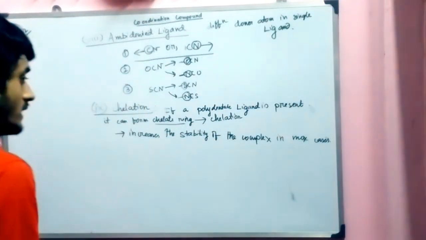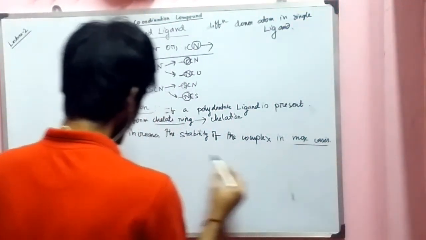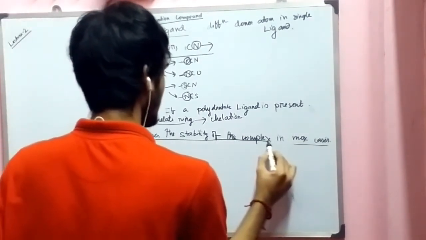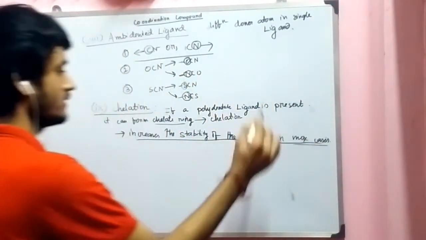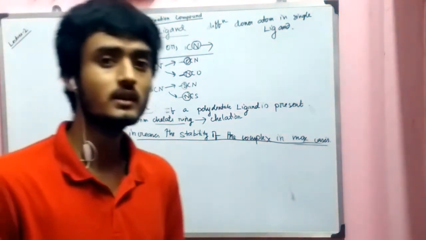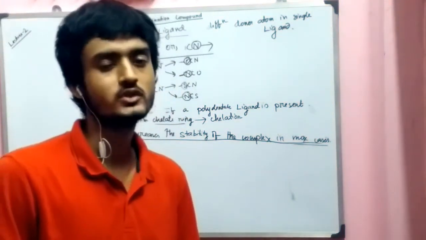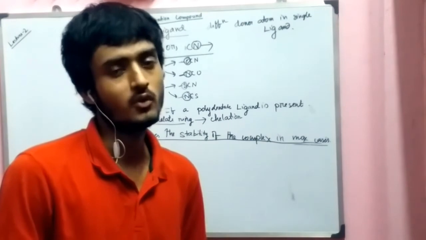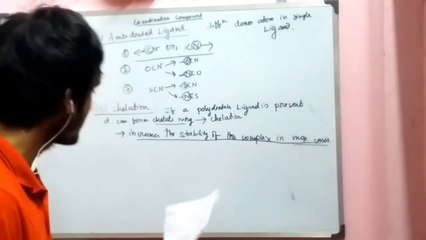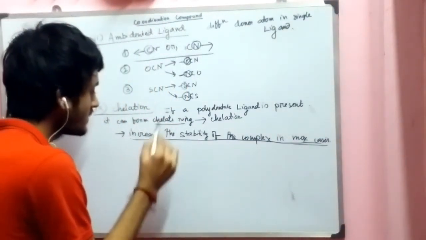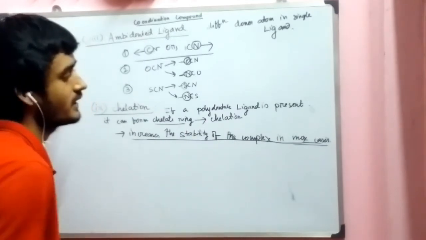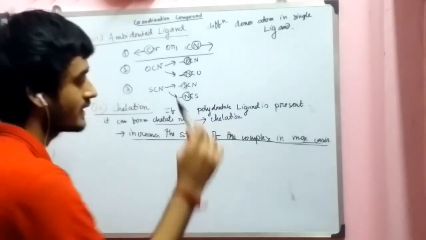Okay, when I write in maximum cases chelation increases the stability, that means there must be some exceptions which we will be dealing with in the last portion of our chapter. For now, just remember this, that chelation increases the stability of the complex in maximum cases.